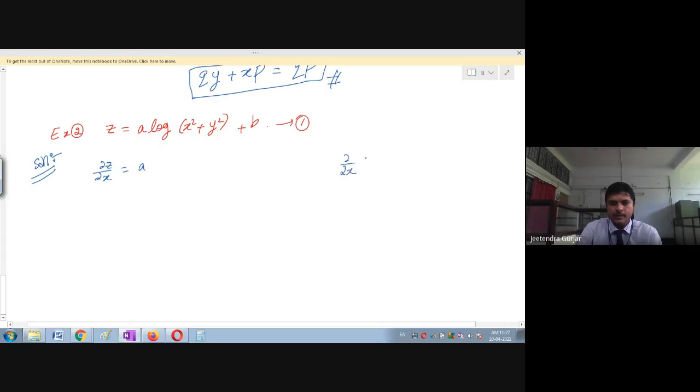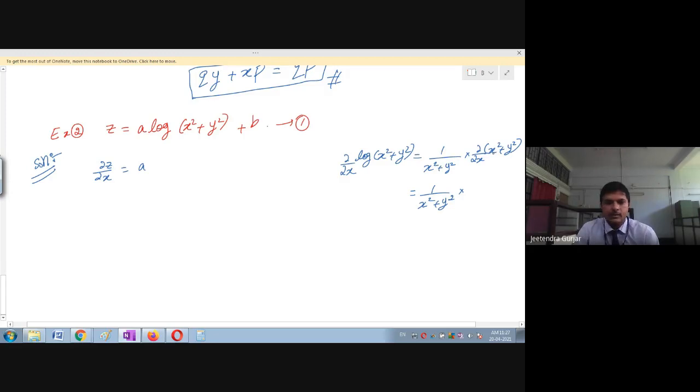Okay, so I will write here the differentiation of log of x square plus y square. This is equal to, again in a differentiation you are going to do, 1 upon x square plus y square as it is, into the differentiation of x square plus y square.